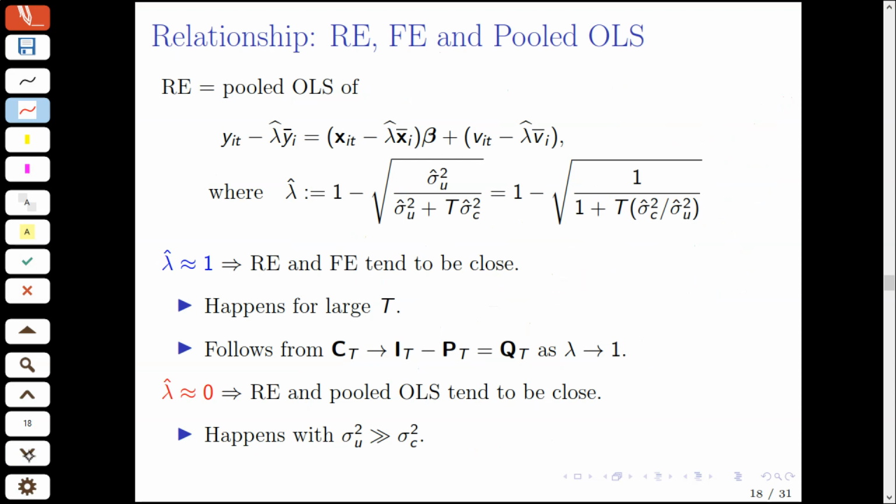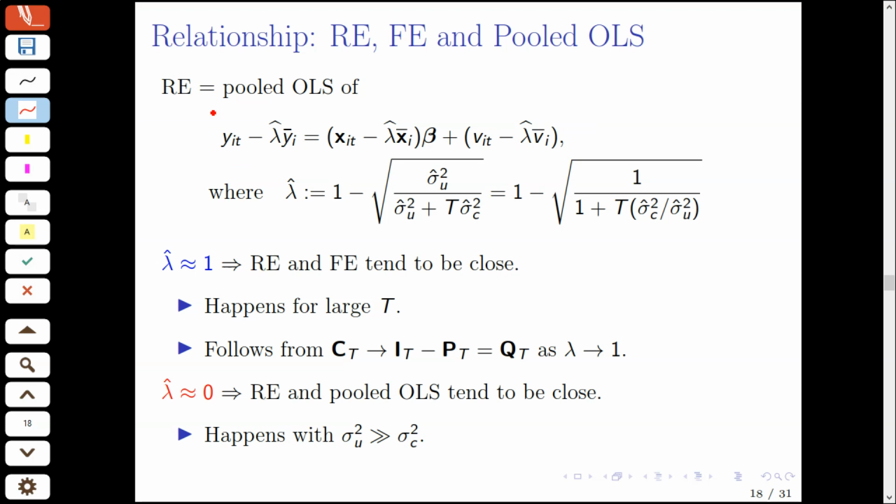Again, it might be helpful to consider a couple of special cases, or limiting cases. We've already shown that the random effects estimator amounts to pooled OLS estimation of this equation system, where lambda hat again denotes a consistent estimator of lambda, having substituted consistent estimators in the place of the variance components.